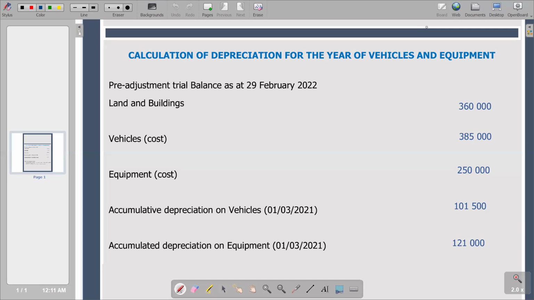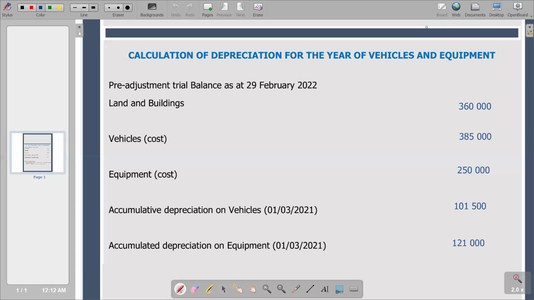So accumulated depreciation will increase as the years progress, making the net book value or the carrying value lesser and lesser. That's why the proportionate amount of depreciation using the diminishing balance method will reduce as years progress during the useful life of a non-current asset. So basically, that's what we have in terms of those two main methods.